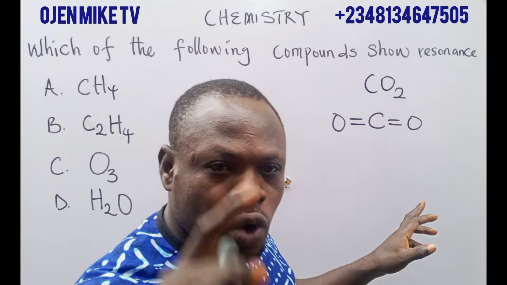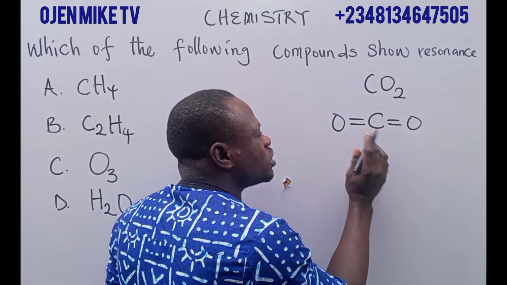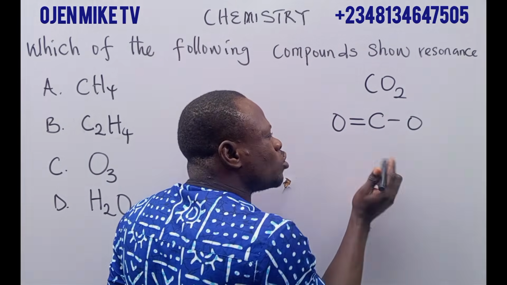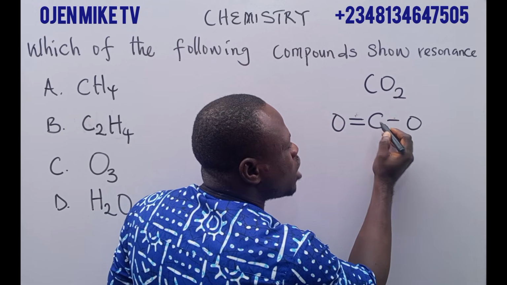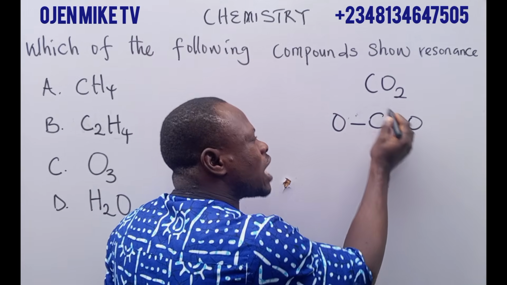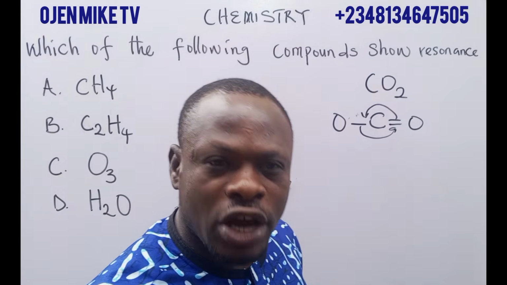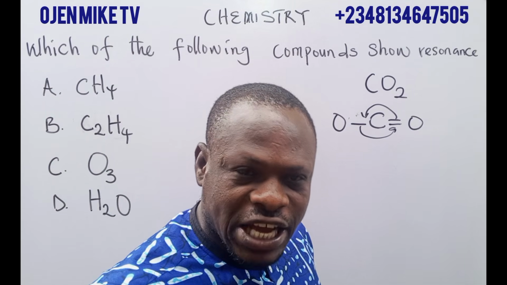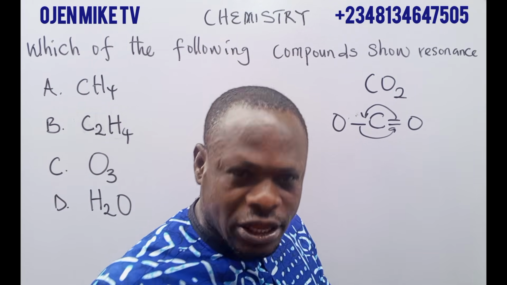No. Because there is a double bond here. If we had only one single bond here, it means this one can come to this side. You can also represent this formula as a double bond and a single bond. It means that this double bond can cross to this side or to this side. That is what we mean by resonance. Do you understand? A pi bond electron can move between atoms.